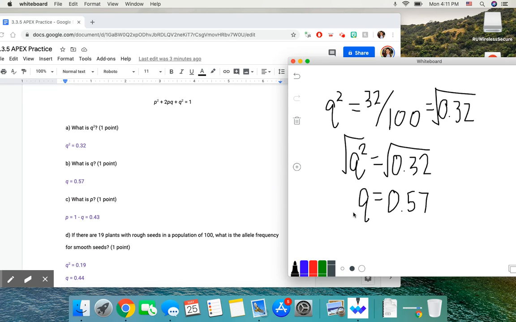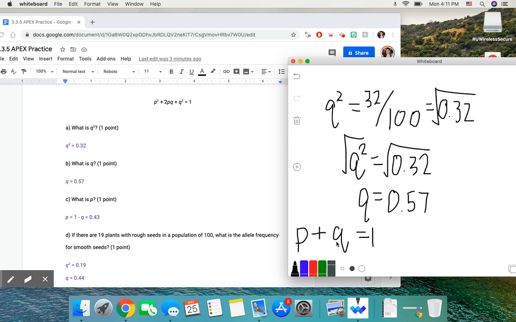So now what is P? So that's going to be easy to solve if you just remember this equation. P plus Q equals 1. Now we're just basically going to plug and chug like you would with any other math problem.